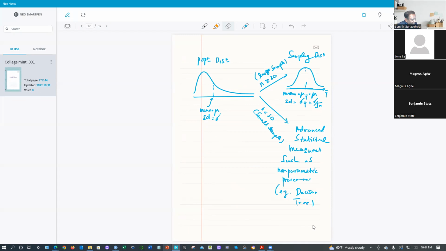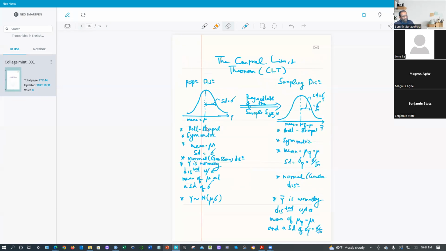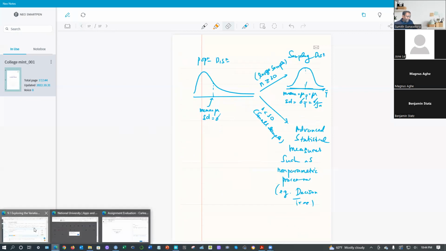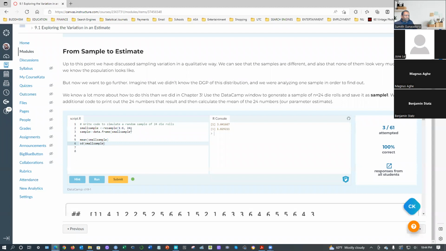That's what the central limit theorem says. That's why I just represent it in pictorial form rather than writing. If the population is like this, your sampling distribution is like that. If the population distribution is uniform, since we are using size 24, a large sample. We have two things to take into account here: the sample size and the repetition size.